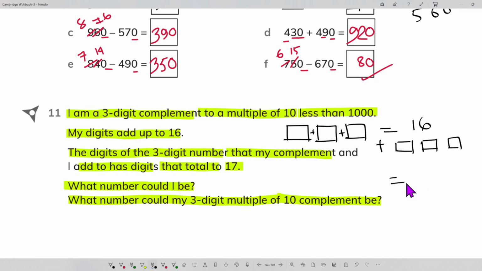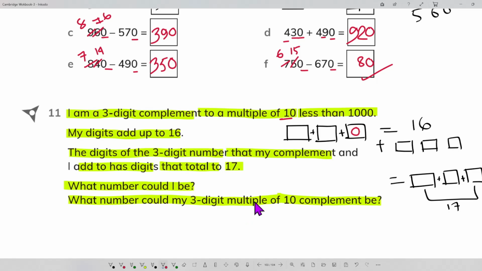After adding, the result will be less than 1000 and this summation will be 17. Okay, so what will be the number? So 16, and it's a multiple of 10, it means the last digit should be 0. So what can we do?